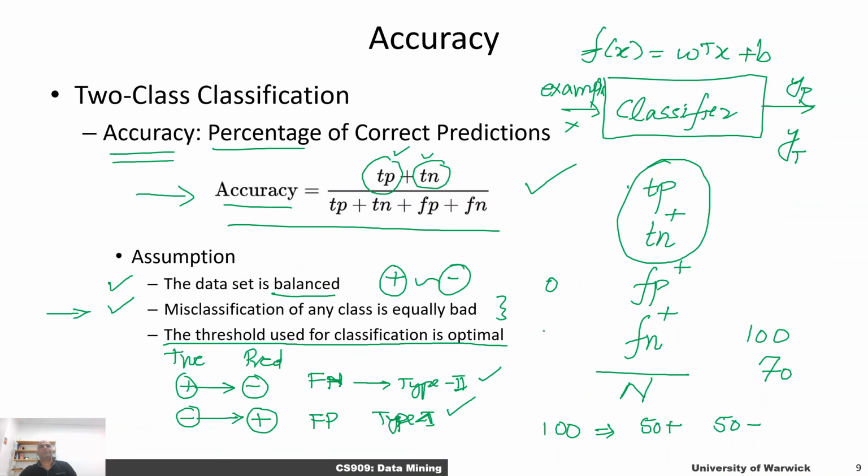Just to summarize, I've told you that there are at least three assumptions underlying accuracy. The first assumption is that the data set is balanced, that is, there is an equal number of positive and negative examples. The second assumption is that the misclassification of any class is equally bad. So a positive example being misclassified as negative, or a negative example being misclassified as positive, is equally bad. And the third thing is that the accuracy of a classifier is parameterized by the threshold.